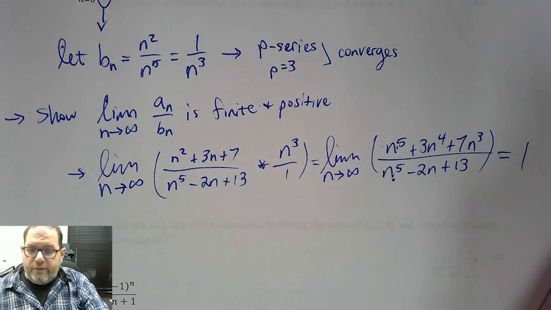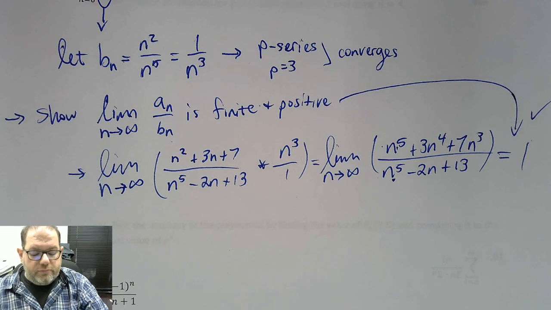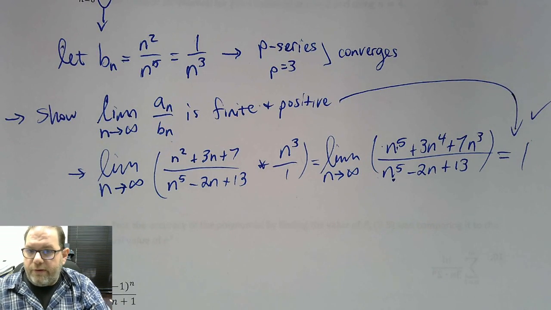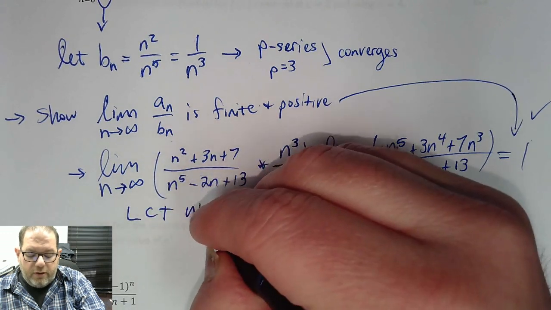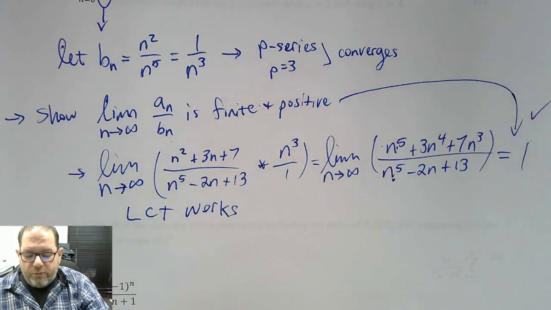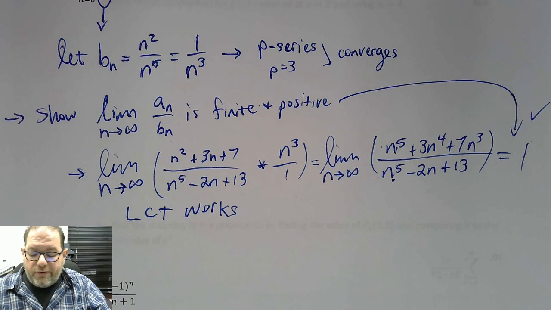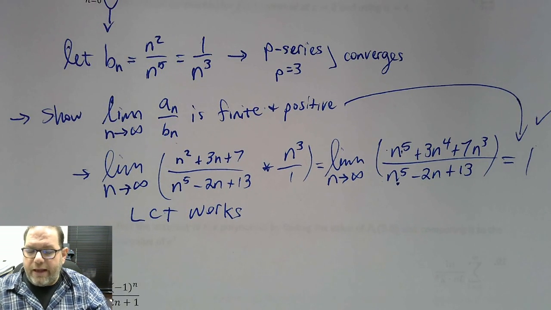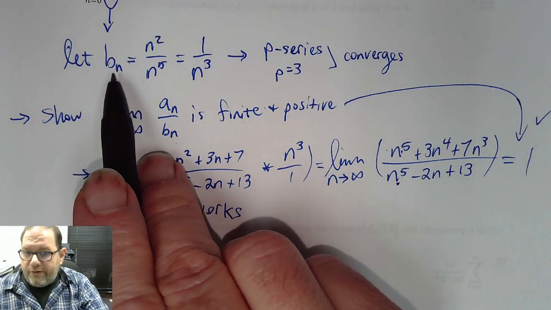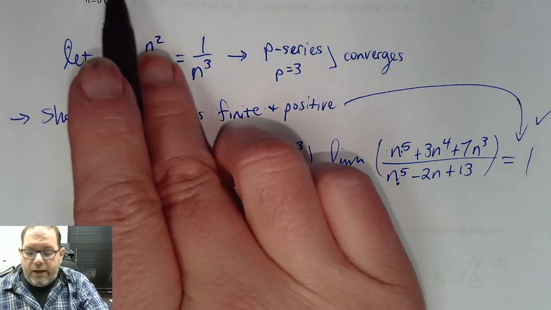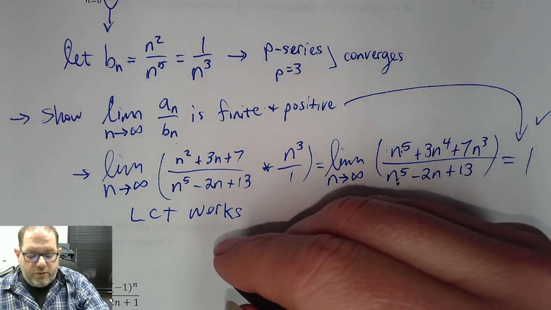And since the limit is finite and positive, that means that our comparison test works. LCT works. But now we have to decide, if it worked, what does it tell us? Well, it tells us that a sub n and b sub n have the same behavior. So because we said b sub n converges, a sub n is going to have that same result. So a sub n will also converge.